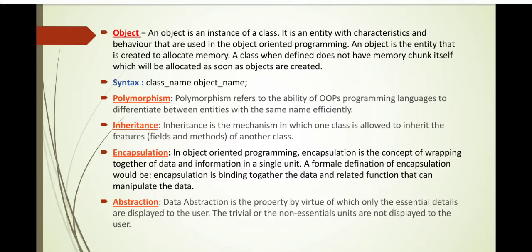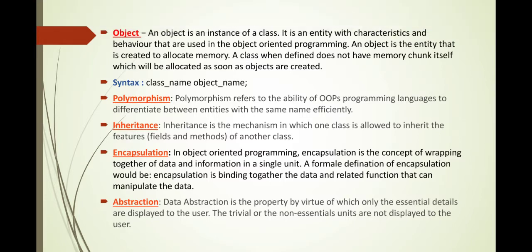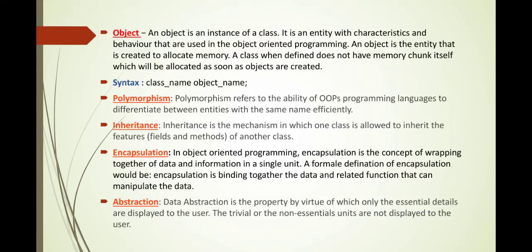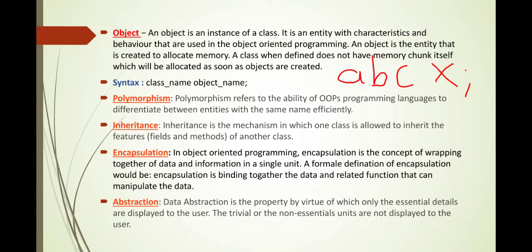For example, I have to write ABC, then I create an instance of the class, suppose X. So X is the object of my class ABC. X is nothing but the object. So what is an object? An object is an instance of a class.